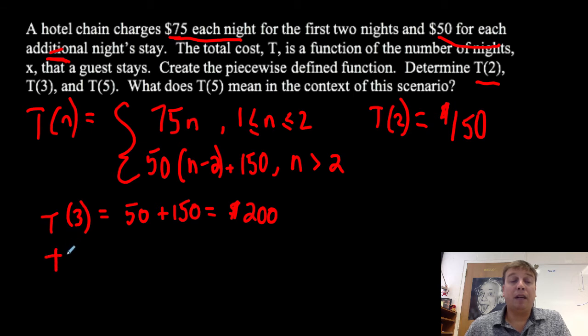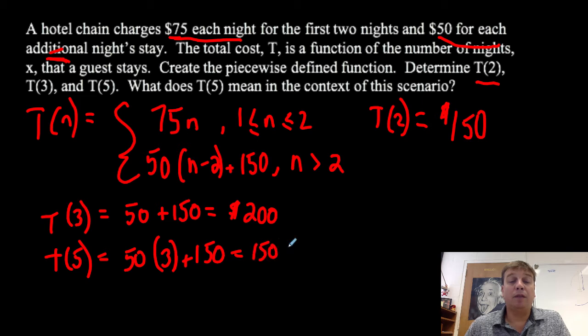If I go with 5, then I have 5 minus 2, so there are 3 days that I'm paying at $50 a day, which is $150, plus the $150 for the first 2. That's going to give me a grand total of $300.